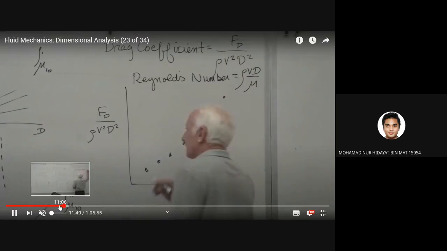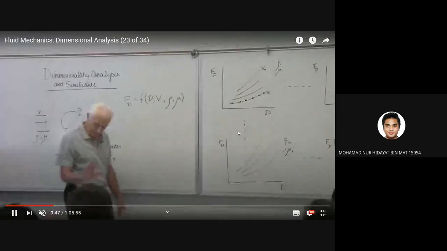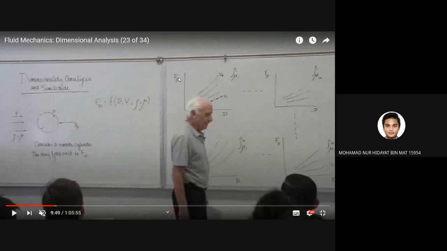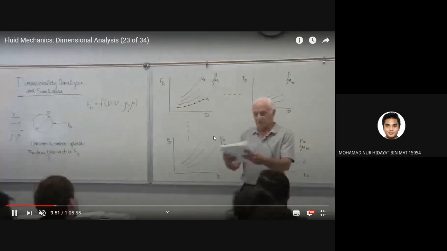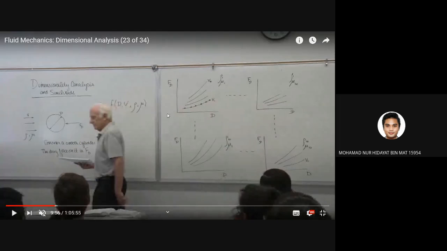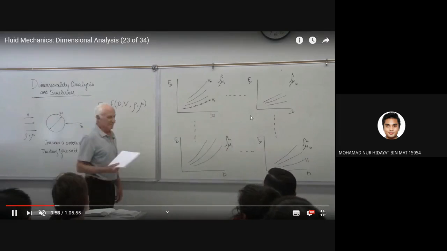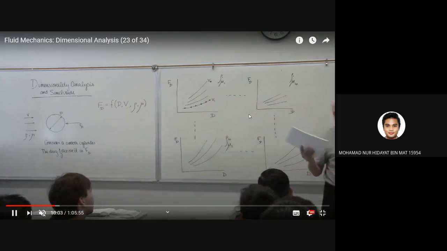However, if you look at this graph, FD versus D, they are not using the ratio. So when they are not using the ratio, they will miss certain parameters. So the ratio here is very important for a unified result. That means dimensionless analysis can combine 100 data points into one single graph, because one single graph uses the ratio.